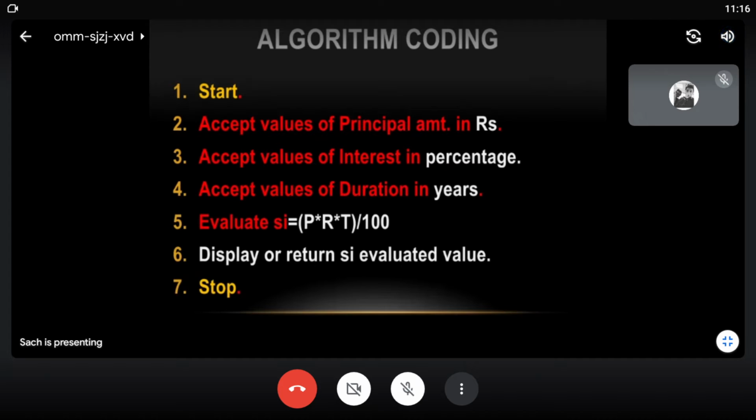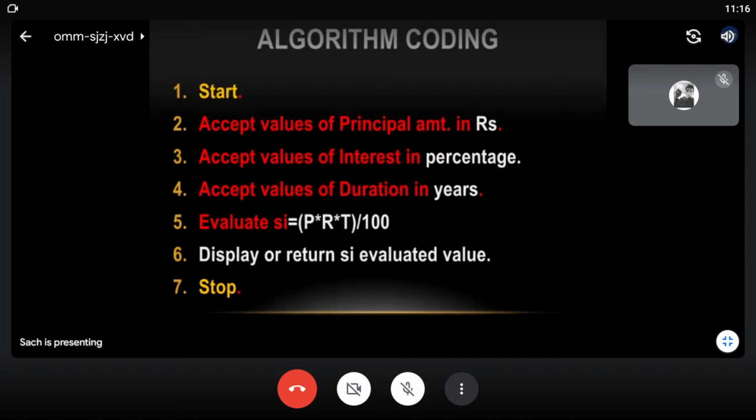Now sometimes if you are creating software for international level, then this term RS may be changed to dollars or the country specific currency symbol. So we have written RS as a separate unit. Then second, we have interest and it is to be specified in terms of percentage.